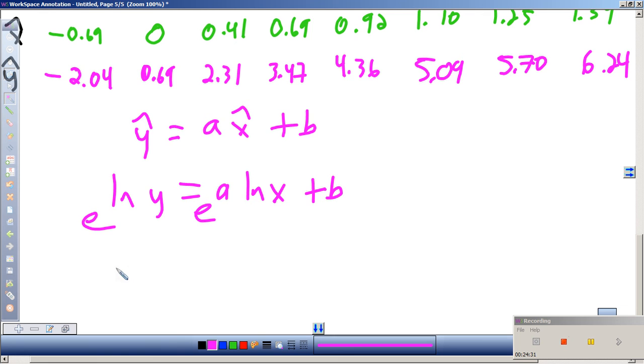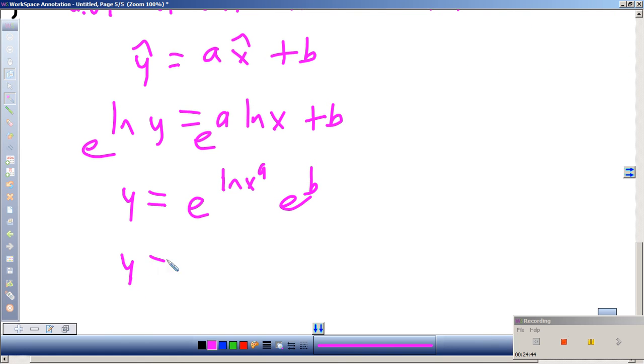Raise e to both sides, so we get y equals e to the a ln x times e to the b, so y equals x to the a times e to the b. And in here you can get a and b using your linearization.